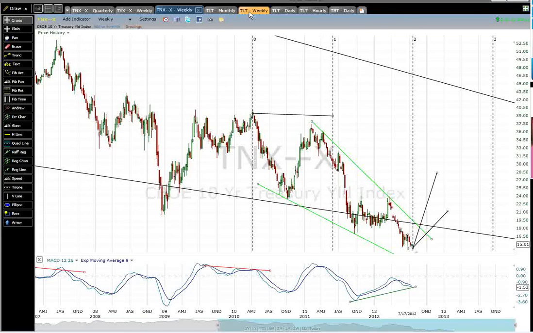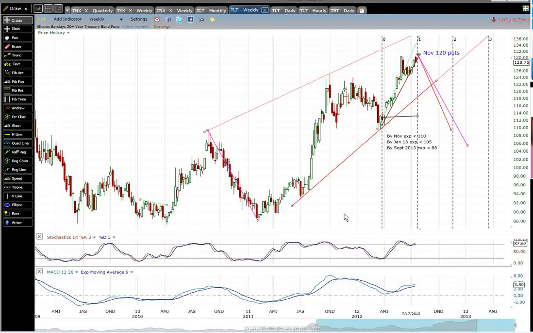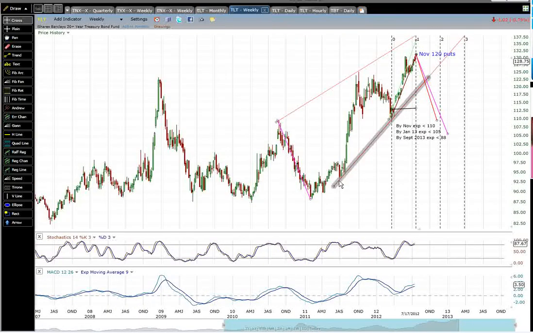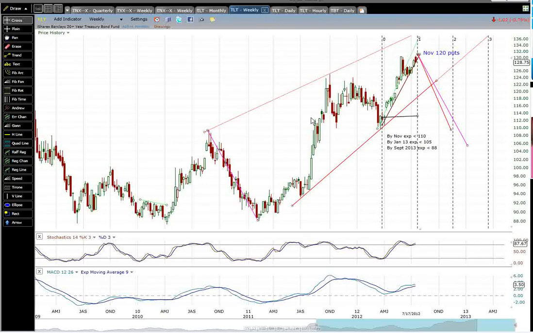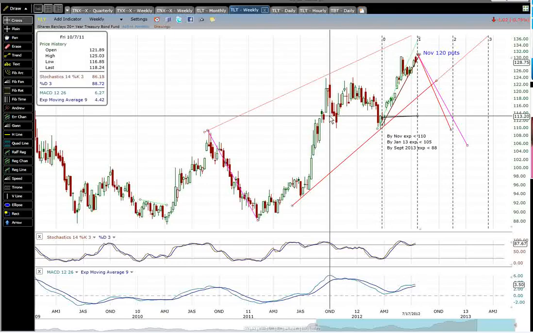On the bond prices, I'll click over to the TLT ETF. You see this bottom trend line of the last few years angling up here, the top trend line wedging toward it. The MACD indicator on the weekly chart is in a powerful bearish divergence right now on this new high relative to the 2011 highs.